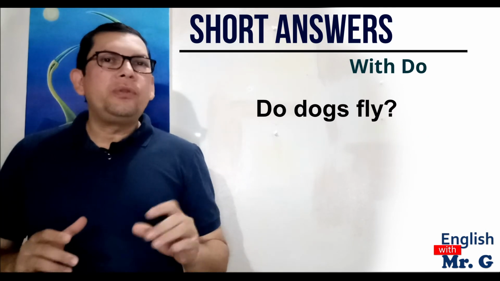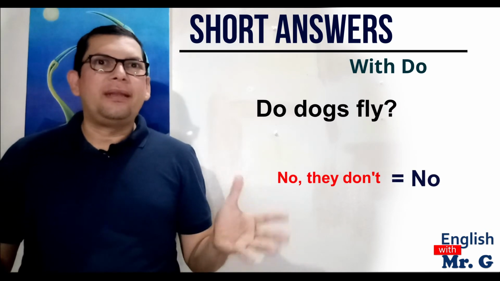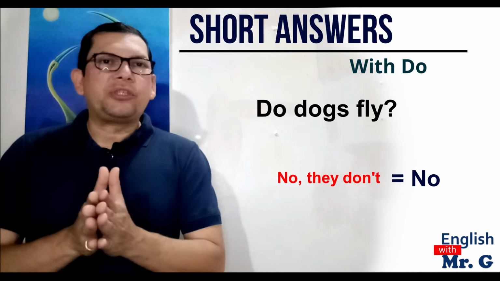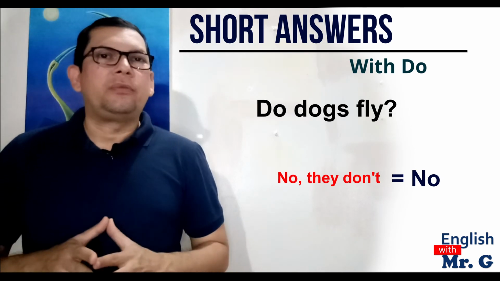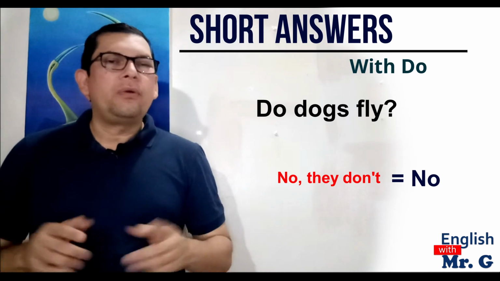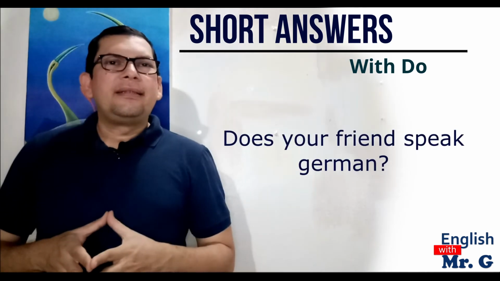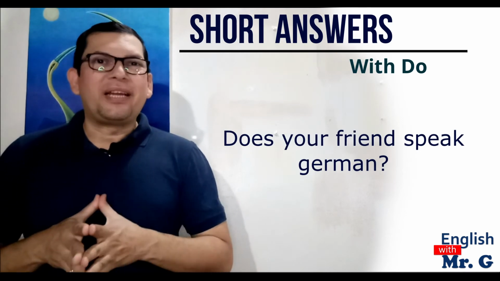When we say no, they don't, basically we are saying no, okay? It's a big no. But in English, we have to use a short answer to be very specific. So one more time, do dogs fly? No, they don't. In this sentence, does your friend speak German? One more time.